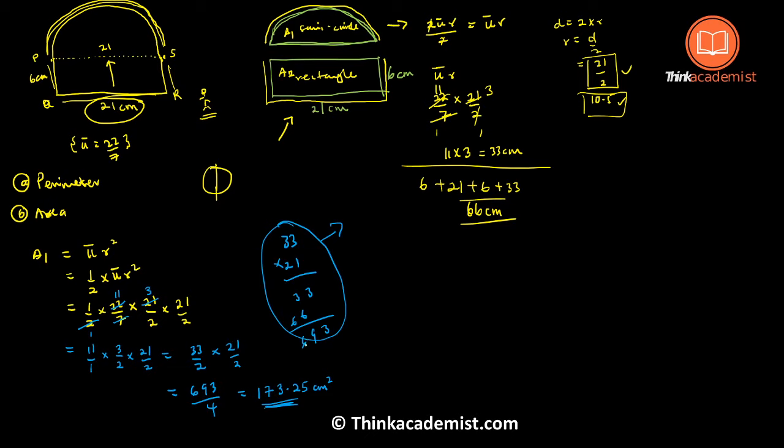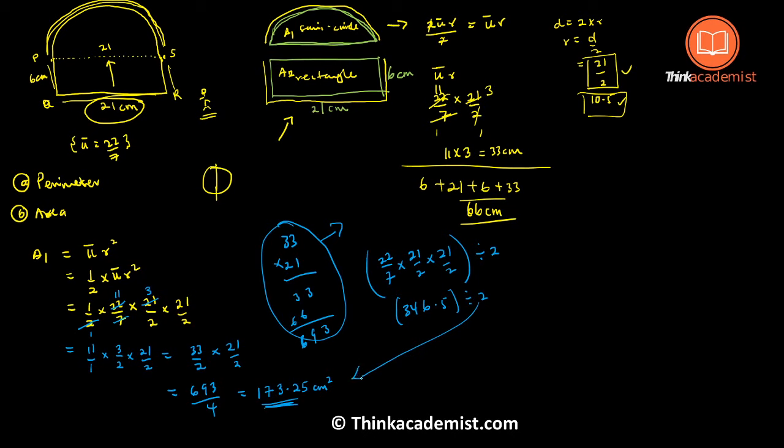But this should give us, because we are dividing by 4. If we were going to be dividing by 2, another way we could have solved it was just ignoring this half. So we could have done 22 over 7 times 21 over 2 times 21 over 2, all this divided by 2, because dividing by 2 is the same as multiplying by half. If you do it that way, it should give us 346.5, and then over 2.